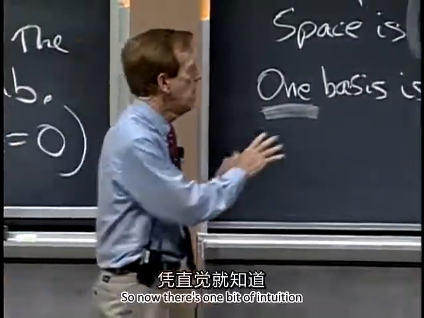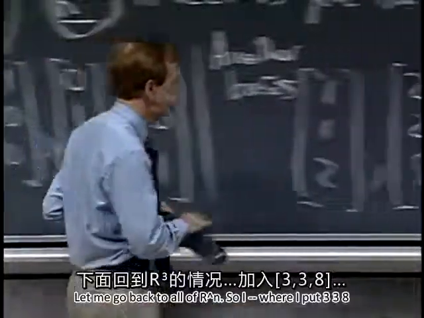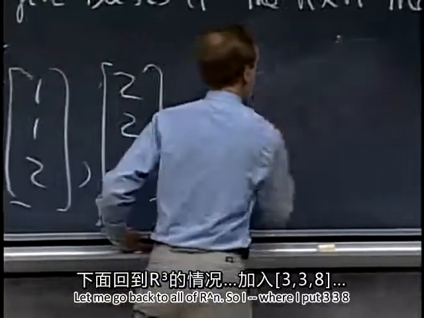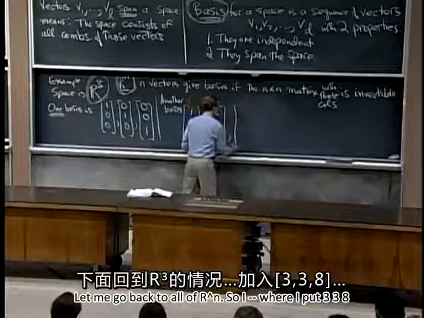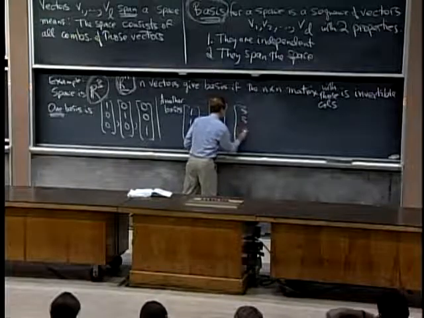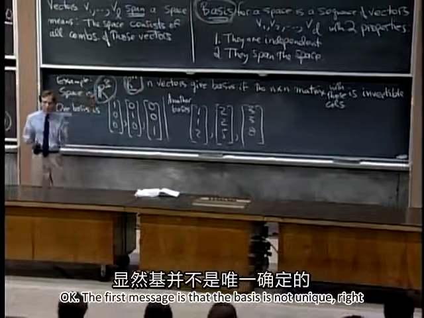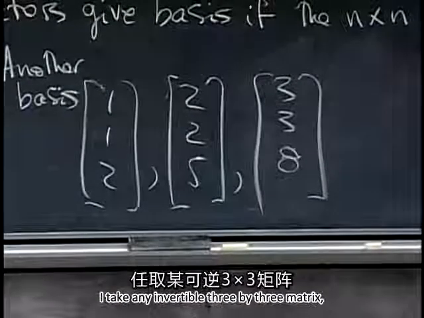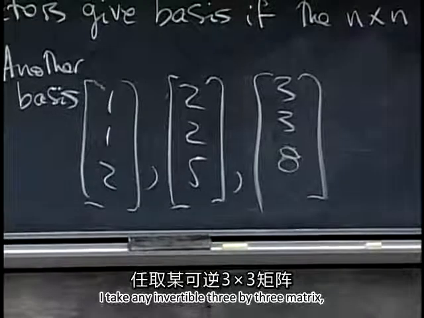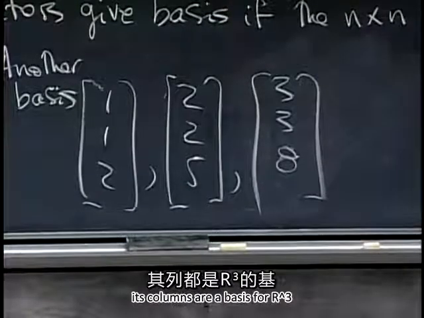Okay, so now there's one bit of intuition. Let me go back to all of Rn, where I put 3, 3, 8. The first message is that the basis is not unique. There's zillions of bases. I take any invertible 3 by 3 matrix, its columns are a basis for R3.